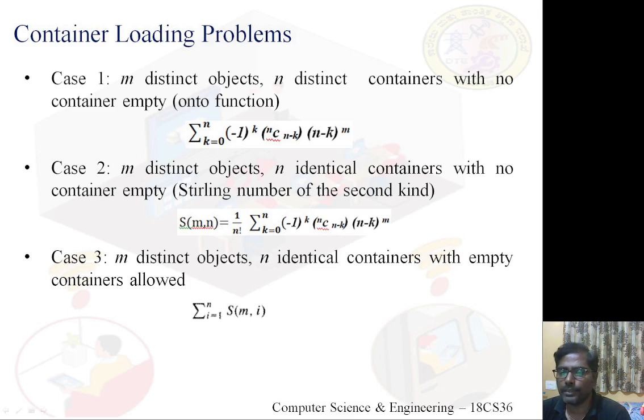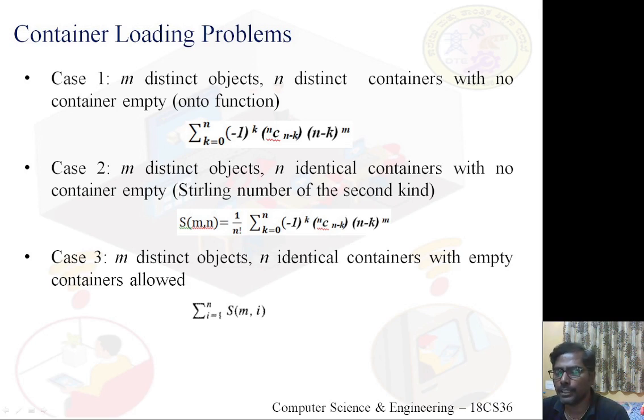I repeat, the objective of case 3 is to fill m distinct objects among n identical containers with empty containers allowed. So, in total n containers are there, right?